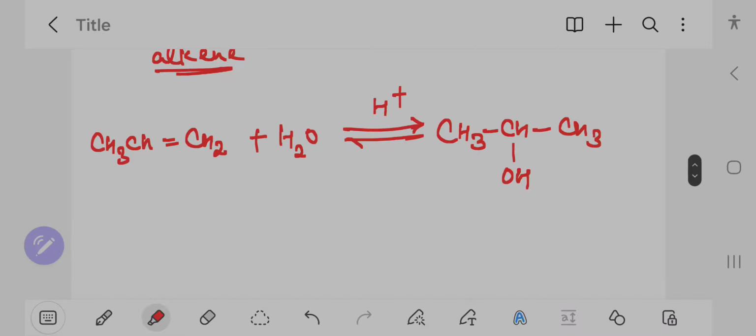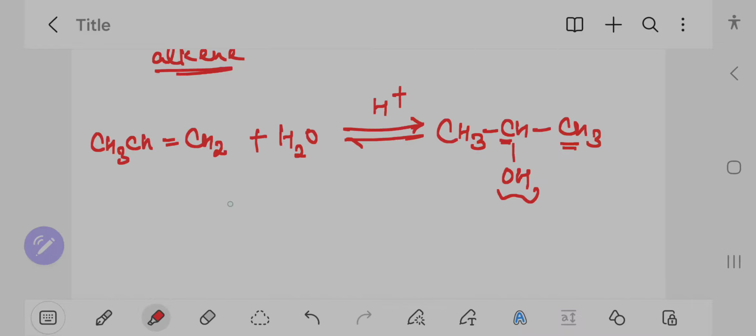Here we can see that the negative part, that is OH, will attach to the carbon which has fewer hydrogen atoms, that is, which is more substituted, and the hydrogen part, the H positive ion, is attached to the carbon which is less substituted, that is, has more hydrogen atoms.